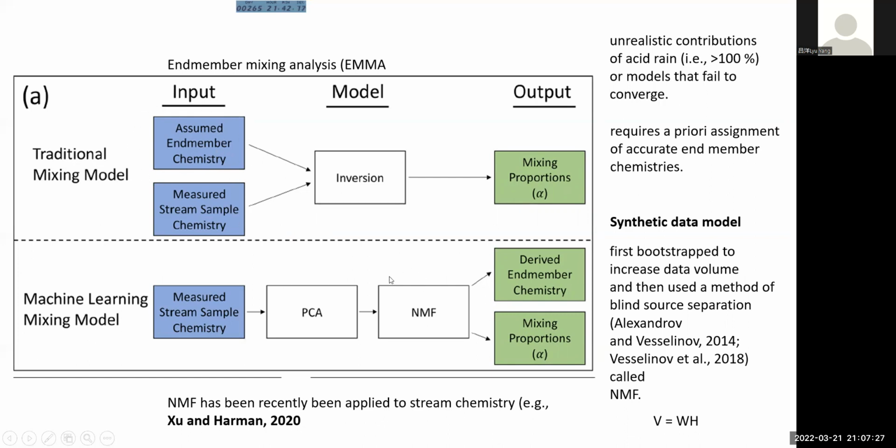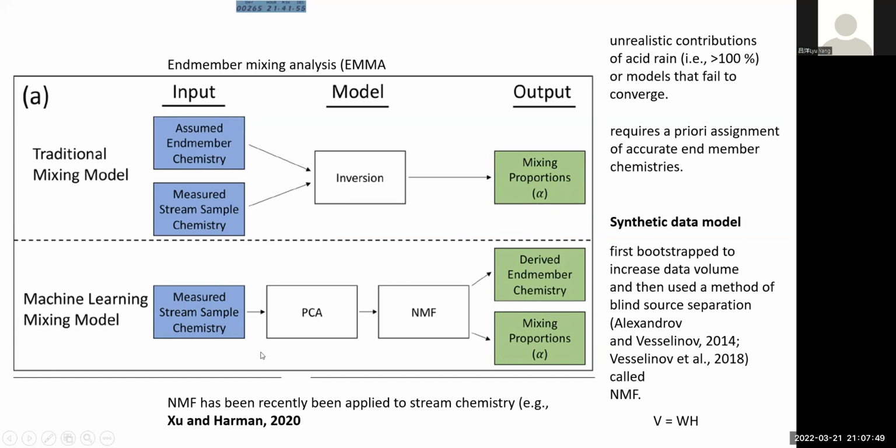However, in case of the machine learning model, we do not have to assume the derived end member chemistry, and it is coming as an output. So that is a benefit of this model. Also, in this particular machine learning model, the only input is the measured stream sample chemistry. So this is already measured, so we do not have to make any other assumption.